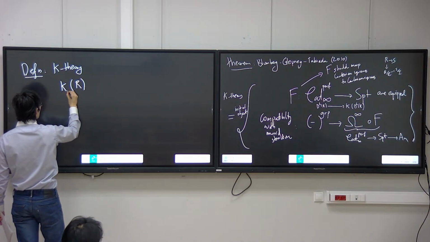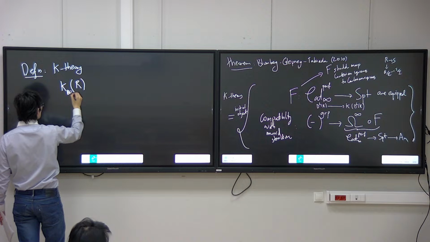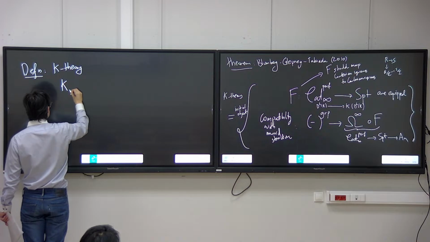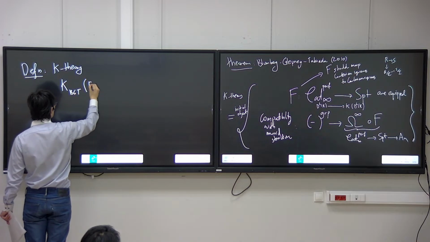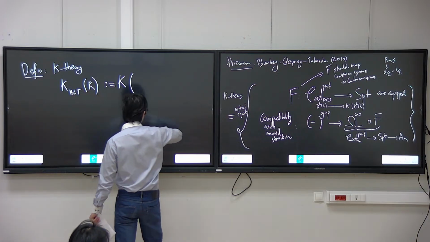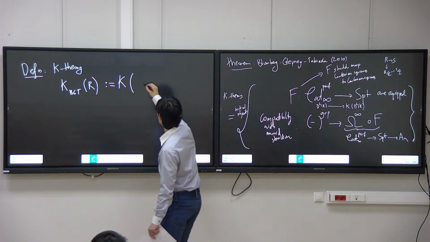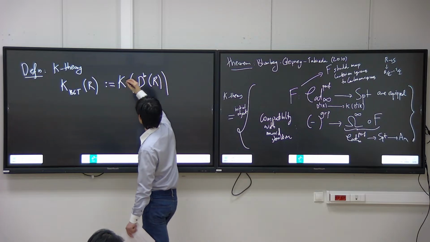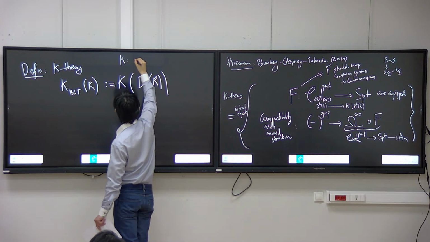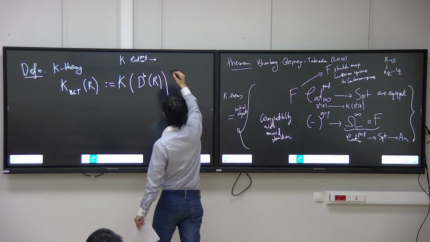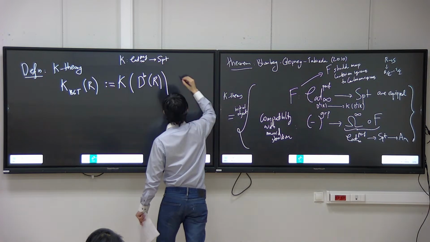So let's say K BGT of R, defined as the K theory of dB of R. So here, just to make it clear, K is a functor from Cat infinity to spectra, which is an initial object.